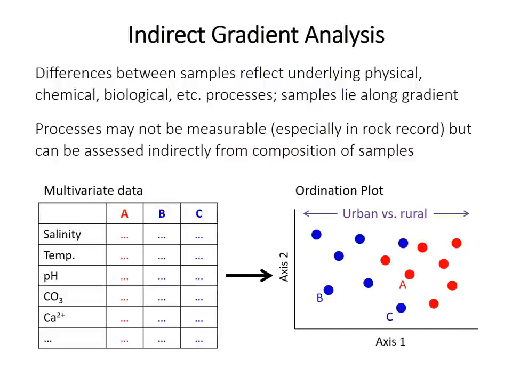But we could try to assess that gradient indirectly from the composition of the samples themselves. This is using ordination for something called indirect gradient analysis. For example, if we measure the chemistry in a bunch of different lakes, we may be able to determine that an urban versus rural gradient is the most important control on their chemistry, and so forth.